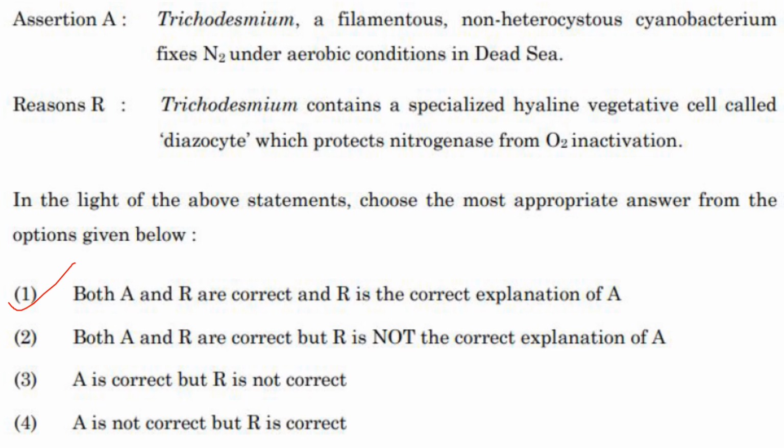Trichodesmium contains a specialized hyaline vegetative cell called diazocyte which protects nitrogenase from oxygen inactivation. That is also correct, and that explains why Trichodesmium, which is a non-heterocystous cyanobacteria, fixes nitrogen in Dead Sea. So both A and R are correct, and R is the correct explanation of A. Answer is option 1.